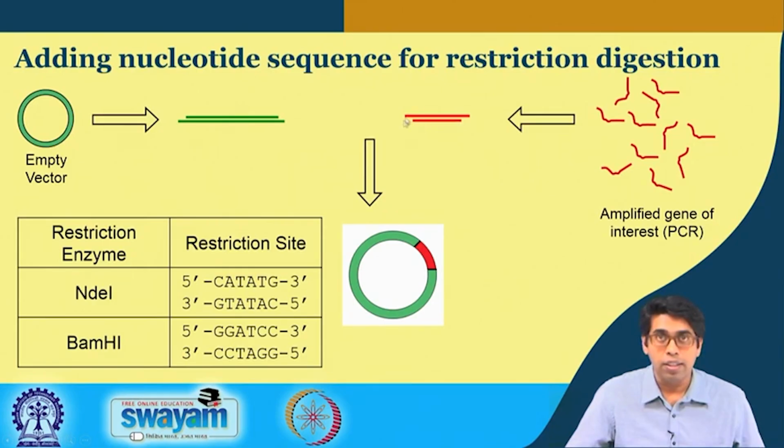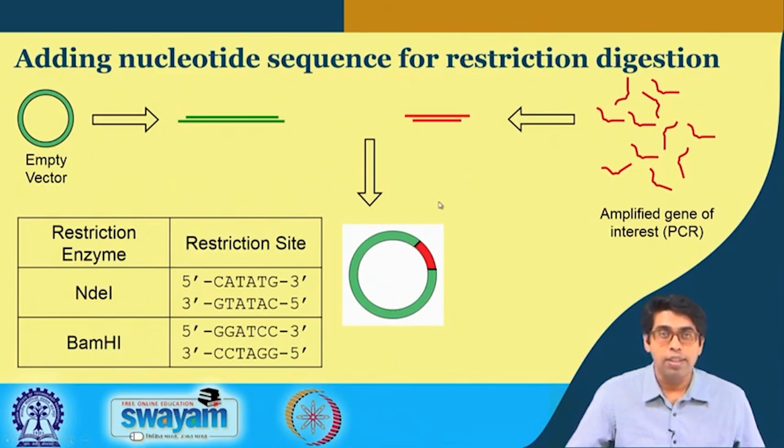Now, you can see that this complements very well with this, and this complements very well with this. So, when you put them together, they can form the correct hydrogen bonds, and you add ligase to form this circular vector with your gene of interest.